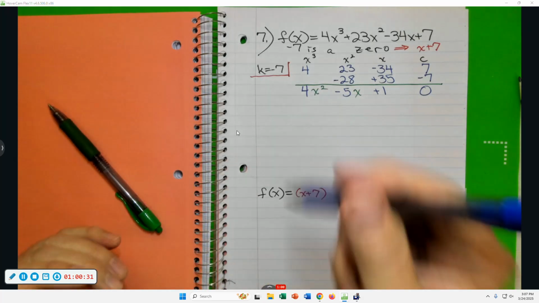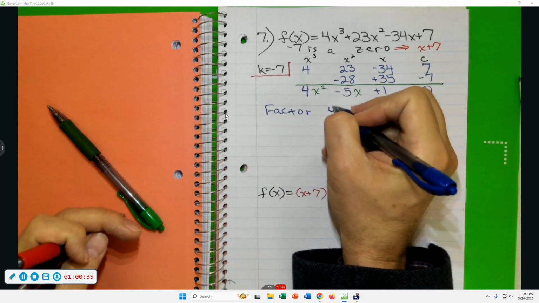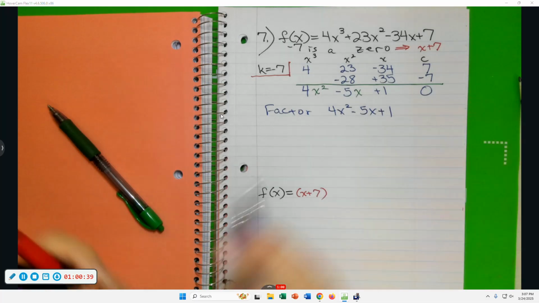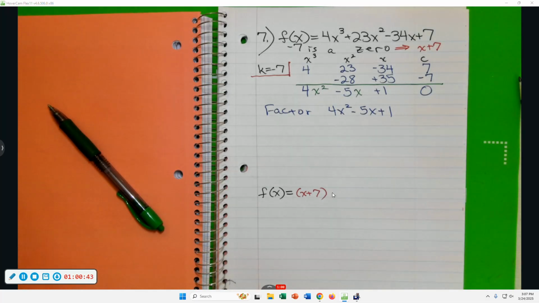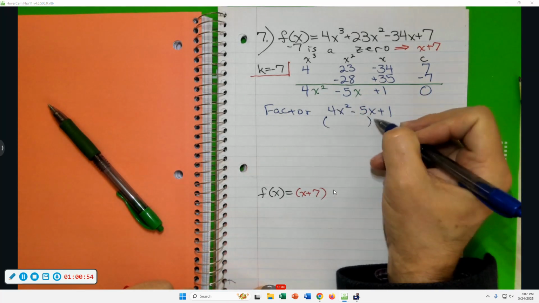Now we need to factor 4x squared minus 5x plus 1. And that's going to give us these two. Okay. So it's quadratic, so we know we draw our two sets of parentheses.